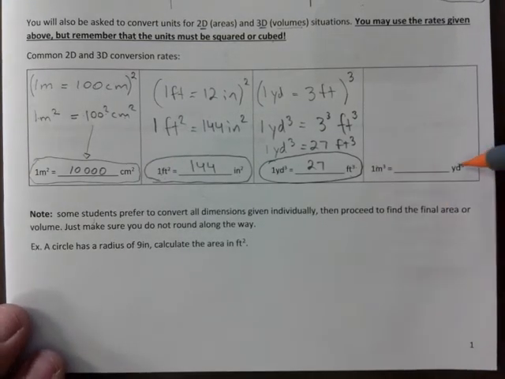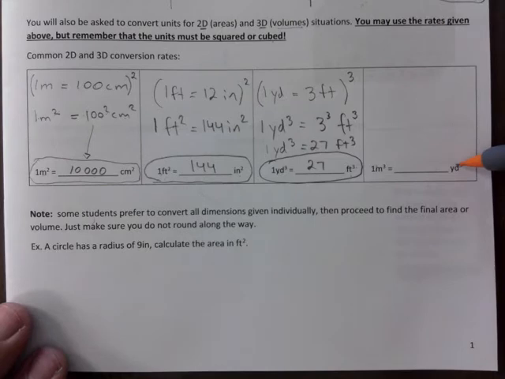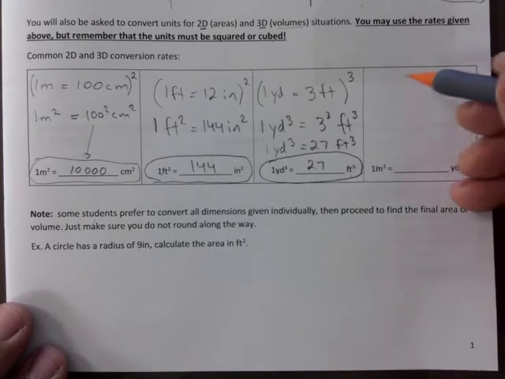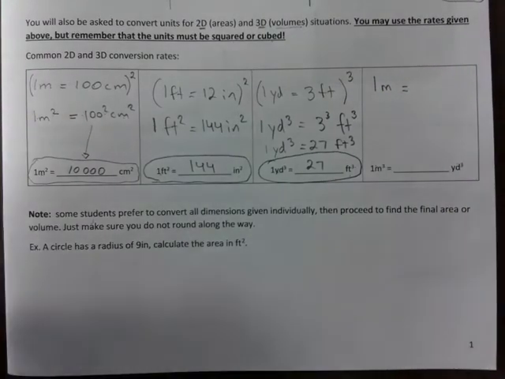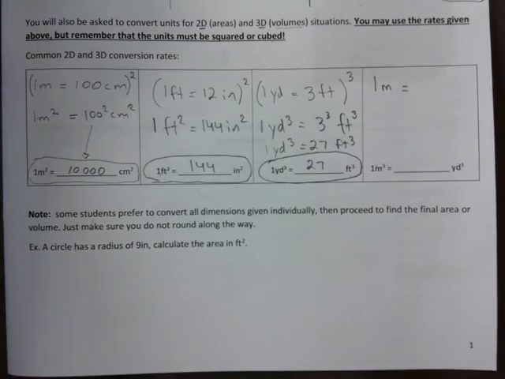Cubic meters to cubic yards. Not so popular, this one, but it's still the same idea. You start with 1 meter has how many yards? Let's go up there. Oh, I didn't do that, did I? I gave you that 1 yard has 0.91.